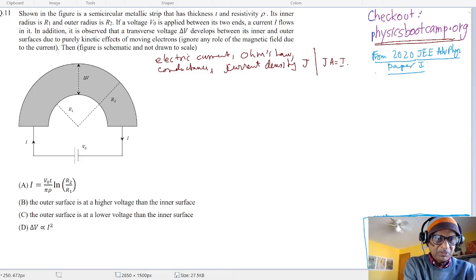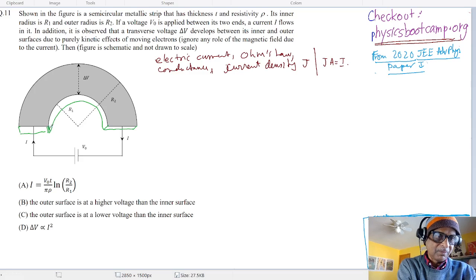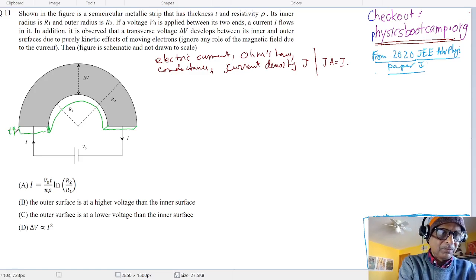You have a semicircular shape, and the thickness is not shown here. There is a thickness to this thing, and this thickness is T. The current just goes and spreads out.